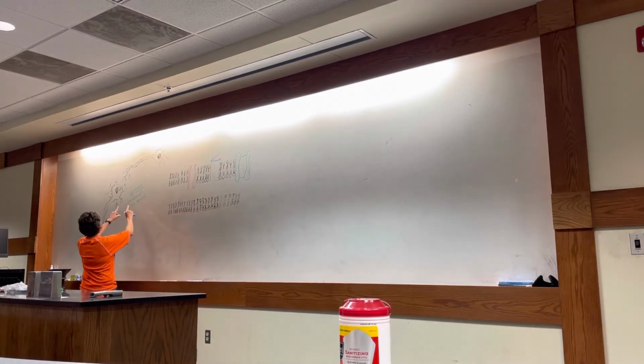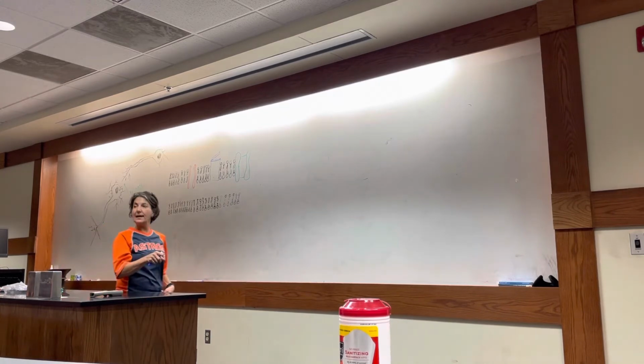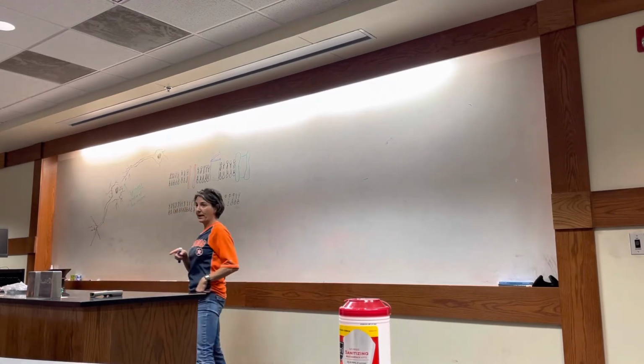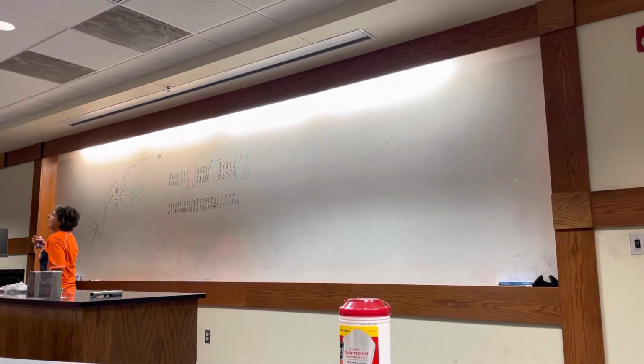The junction between two neurons is called a synapse, and there's actually a space here. And we're gonna talk about what goes on in that space during the next lecture when we talk about neurotransmitters. Okay, so neurotransmitters are chemicals that have a big role in how and why a neuron sends a signal to the next neuron.